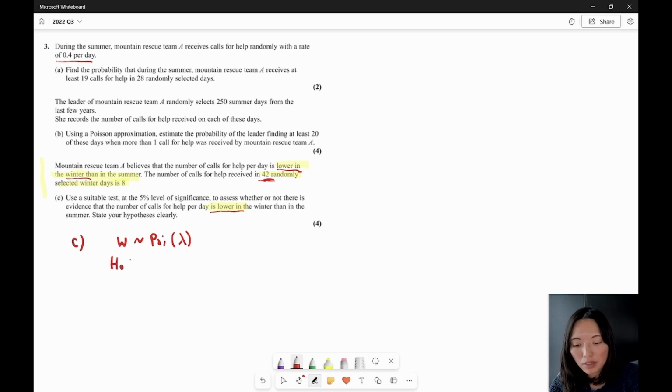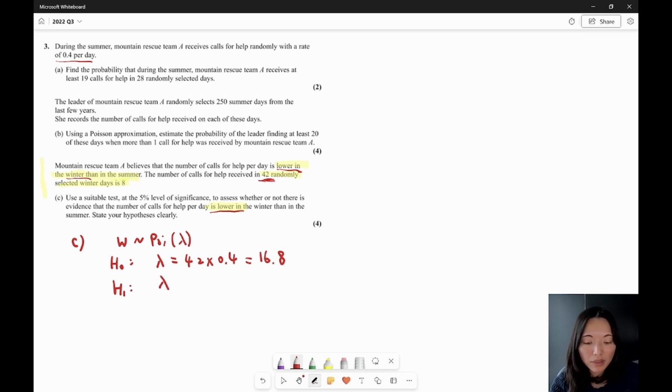For the null hypothesis, we think that there's no difference between the summer call rate and the winter call rate. So for the null hypothesis, remember, we're looking at 42 days here. Therefore, lambda equals 42 times 0.4, which is 16.8. For the alternative hypothesis, however, what is lambda?